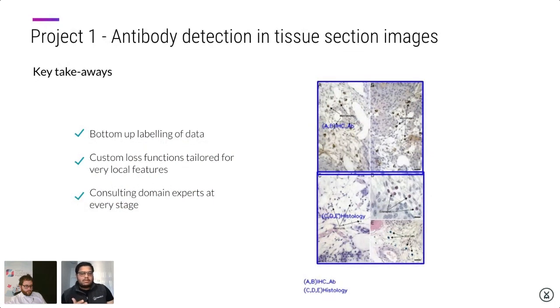This helped us build a model that could map inputs to the respective classes a lot more cleanly and intuitively. In addition, we developed some custom loss functions that helped us balance the classes as well as tailored more towards local features, because as you can see in these kind of images, the antibody signal can be a needle in a haystack to detect.